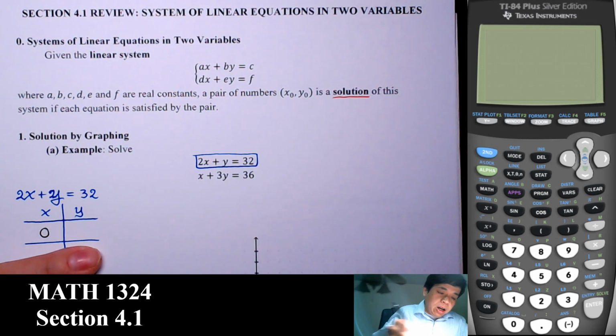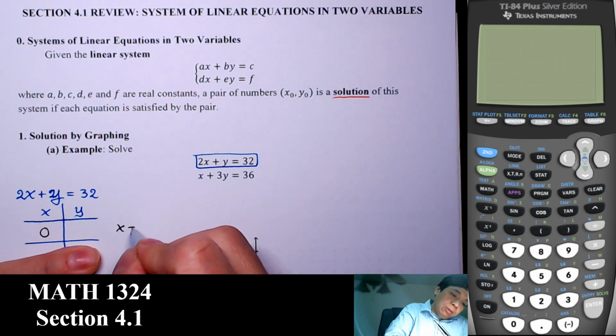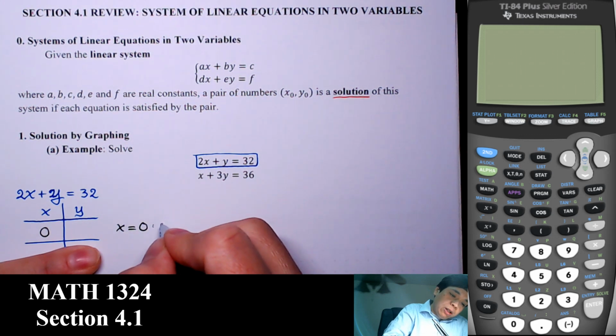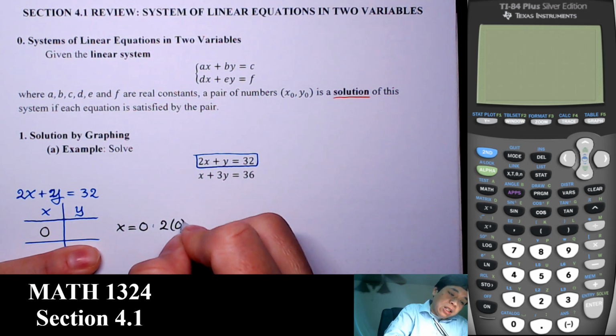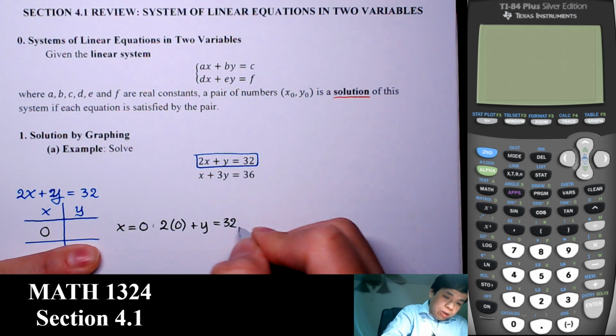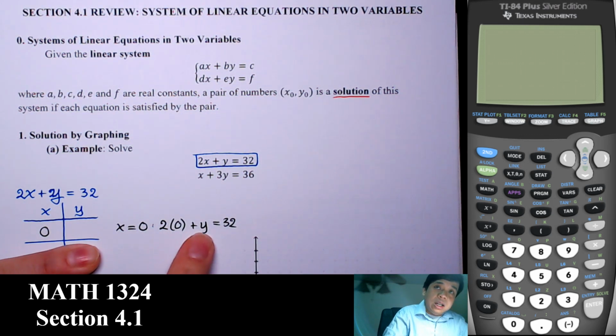Right. When x is equal to 0, we have 2 times 0, which is 0, plus y is 32. So in that case, y is equal to 32.